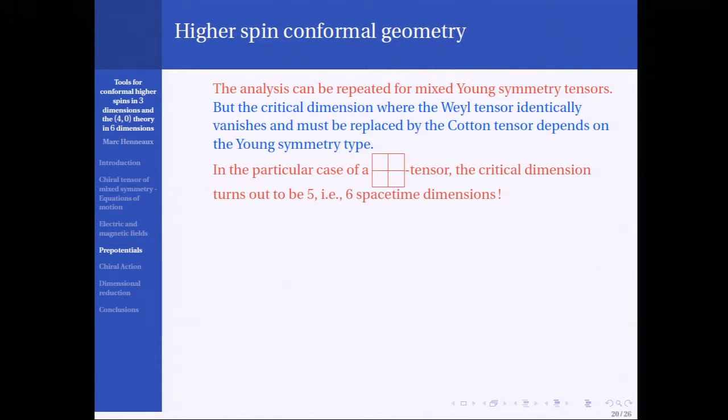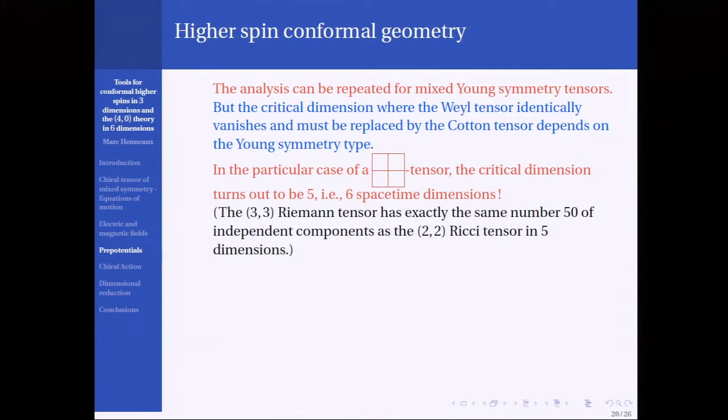And so in the particular case that is of interest to us, the critical dimension where the Weyl tensor identically vanishes turns out to be 5, and so that corresponds to 6 space-time dimensions. So 5 spatial dimensions, well, we are dealing with spatial objects, which corresponds to precisely the case in which we are.